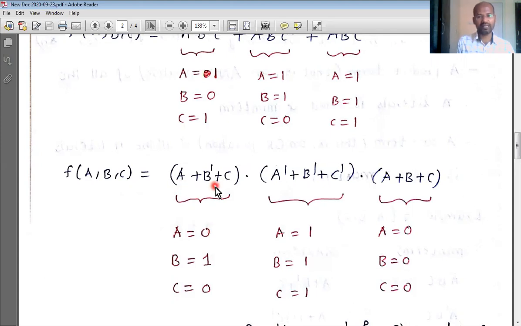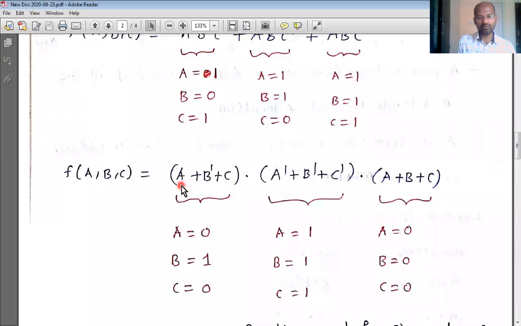If we consider any other combination, then this max term will get a value 1. For example, for a equal to 1, b equal to 1, c equal to 0, a equal to 1 means 1 plus, and it doesn't matter what value the rest of the literals have.